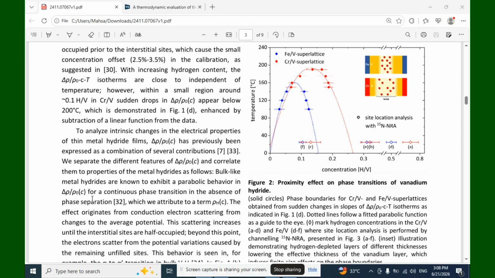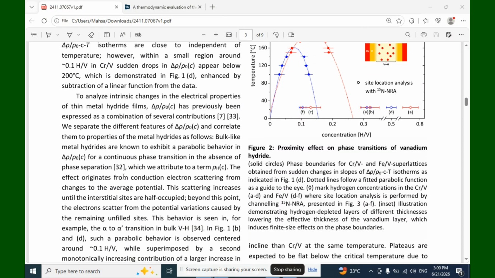We separate the different features of delta rho per rho 0 and correlate them to appropriate properties of the metal hydrides as follows. Bulk-like metal hydrides are known to exhibit a parabolic behavior in delta rho per rho 0 for continuous phase transition in the absence of phase separation, which we attribute to the term rho hc. The effect originates from conduction electron scattering from changes to the average potential.